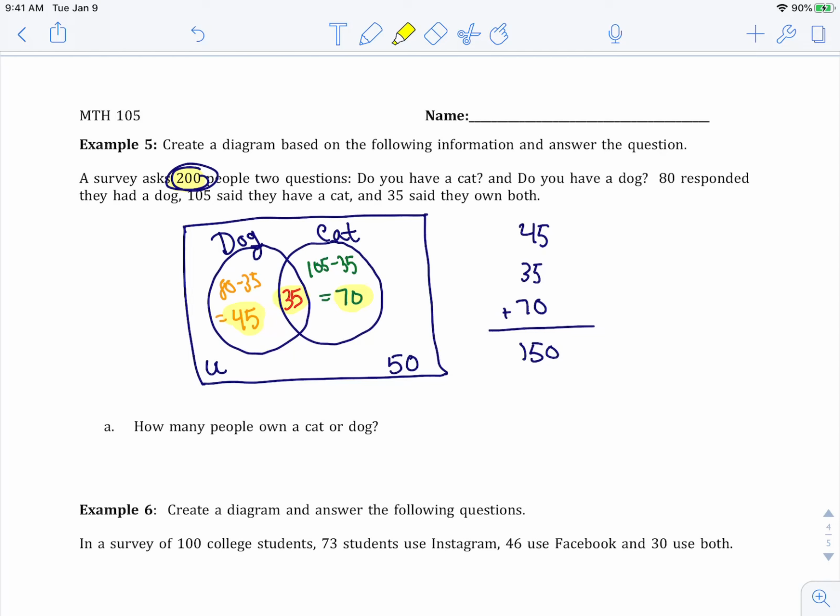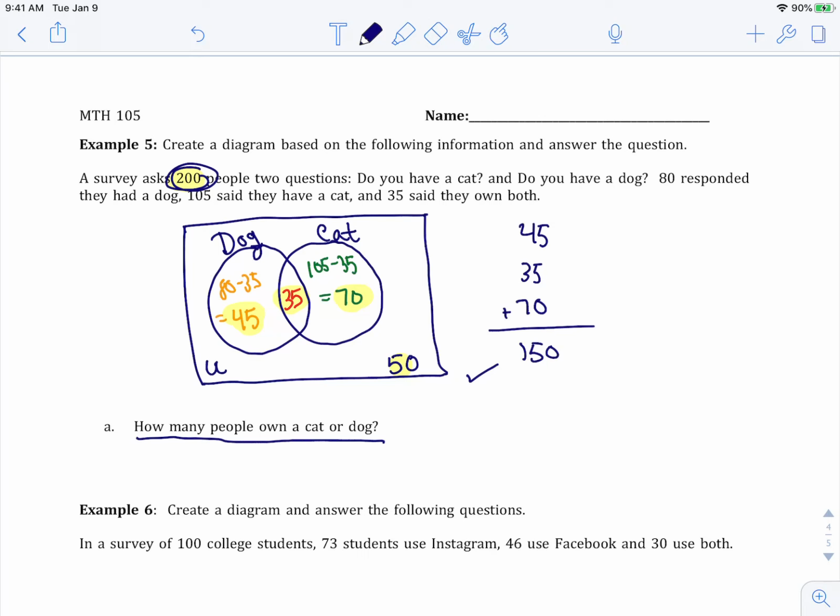So to make sure you did this right, you do 45 plus the 35 plus the 70 plus the 50. And what do you know? You end up getting 200. So it works out. So now, how many people own a cat or dog? Remember, my or is the inclusive, okay?